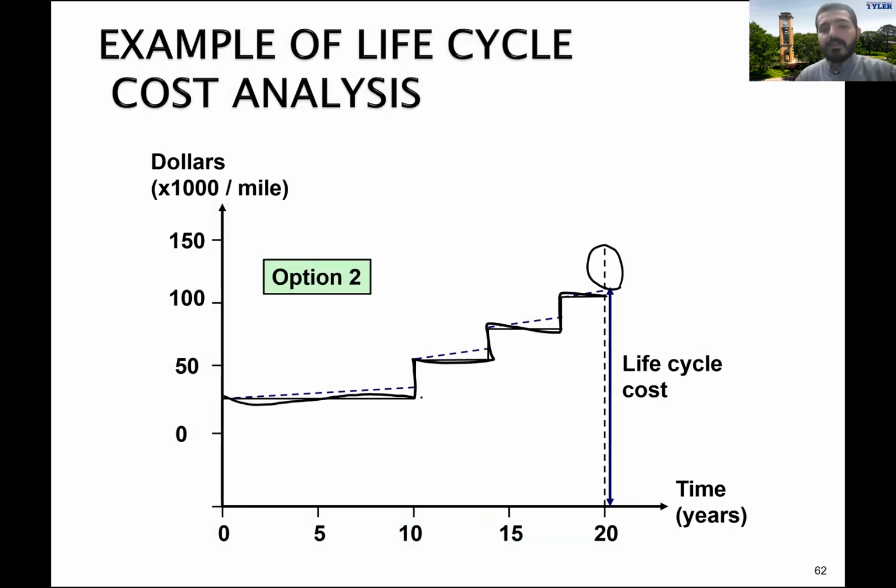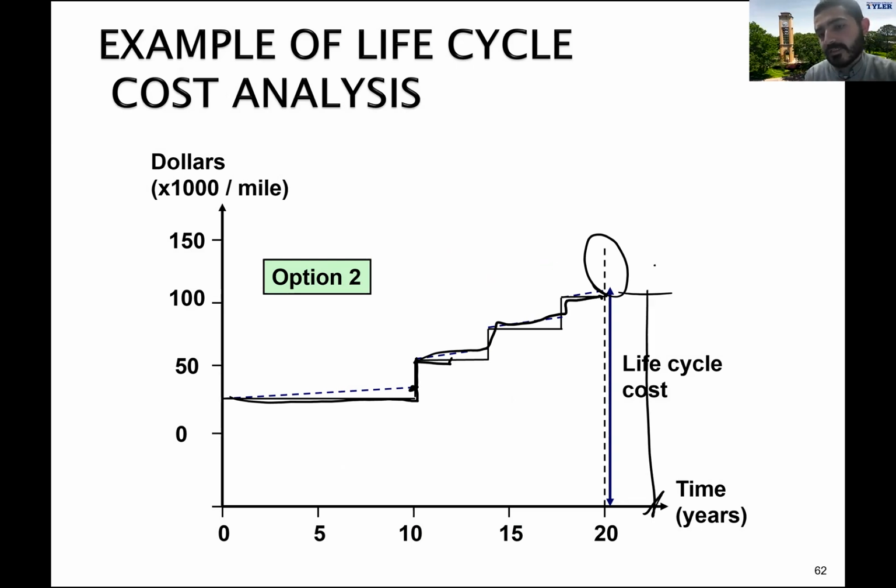For method 2, again, I know the cost of the first overlay, and then I'm going to have a little jump with the maintenance, and then I have another jump. All of these you need to know. Then there is the salvage value, which is in your favor, and this is the future cost right here.